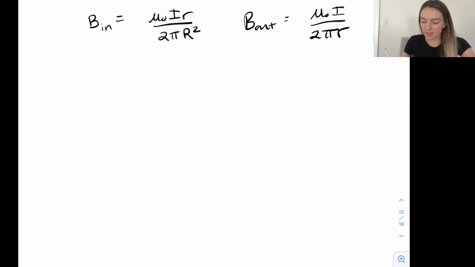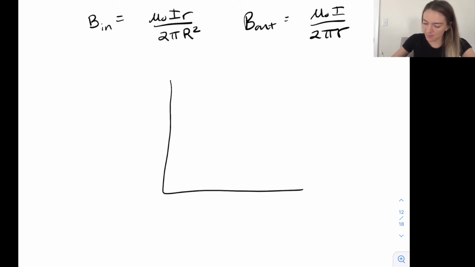So if I were to plot these two things, my magnetic field looks like this. It looks like a straight line before I get to that outer surface. So capital R is here.